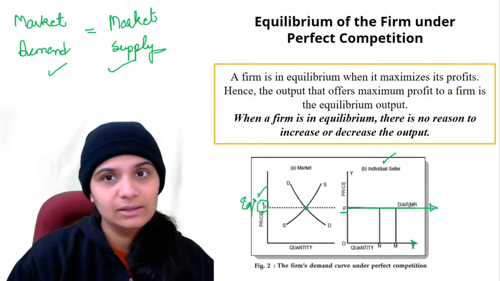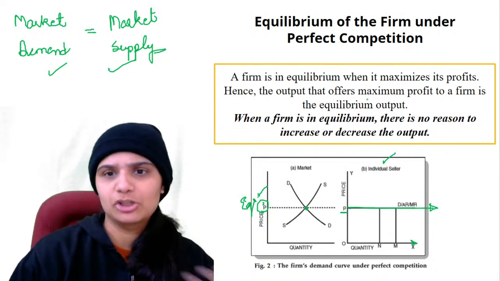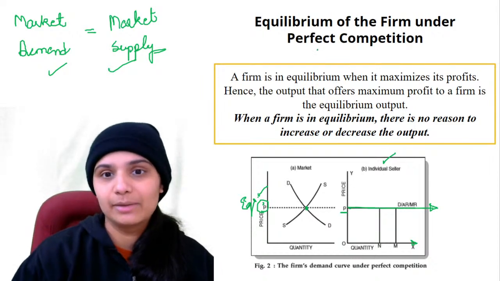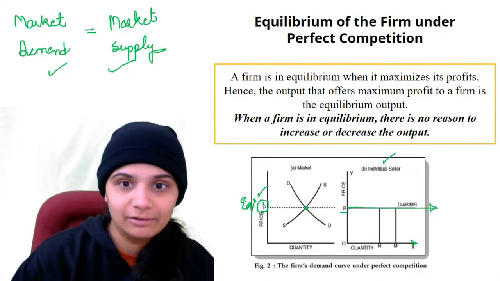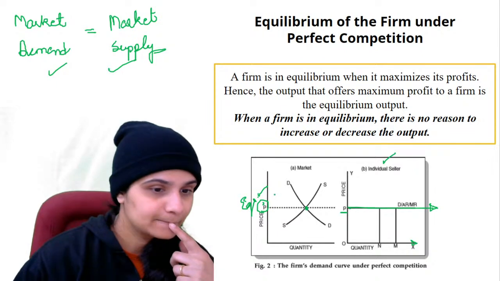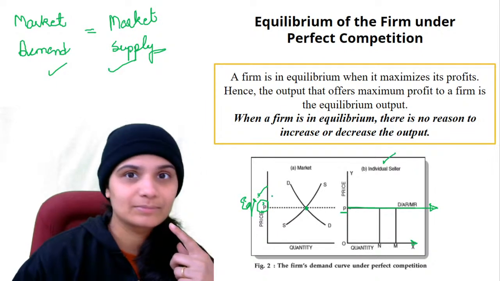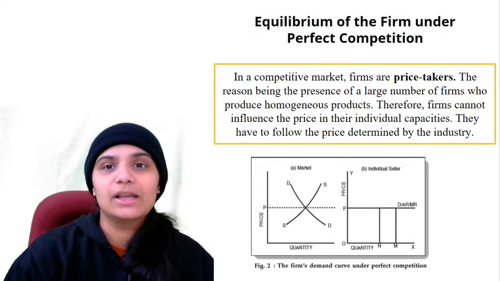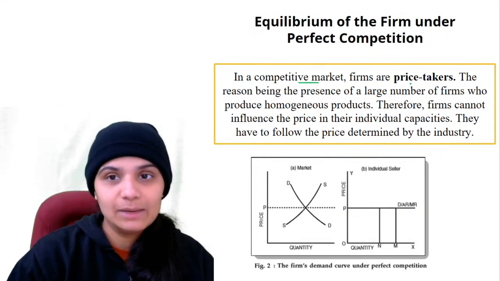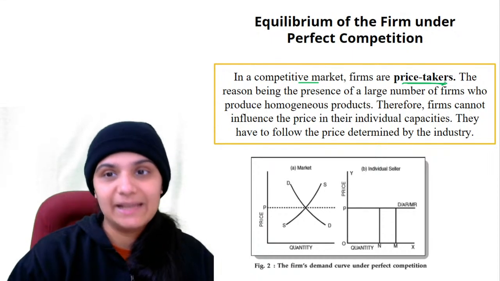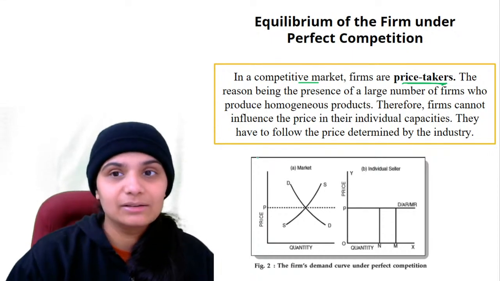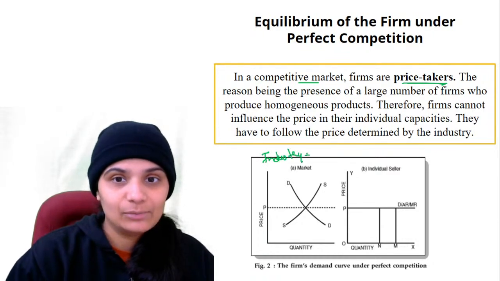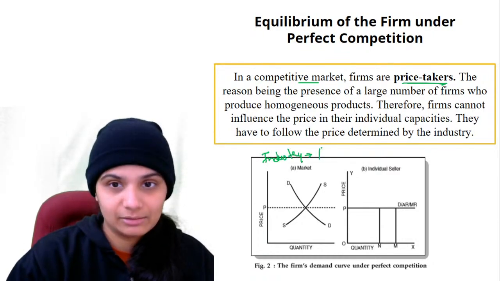Got it? So if you say, ma'am, in perfect competition the price doesn't change, but how is that price determined? The price is determined till here. Got it, guys? So in a perfect competition, the firms become price takers, and the industry, this is the industry, is the price maker.